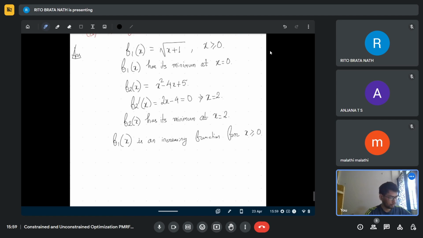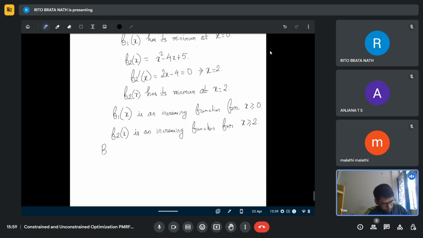So f2(x) is an increasing function for x greater than or equal to 2.